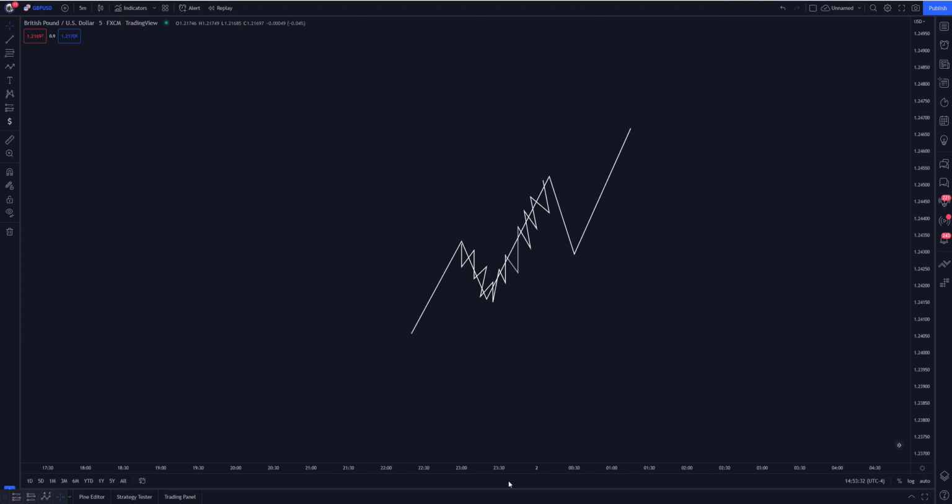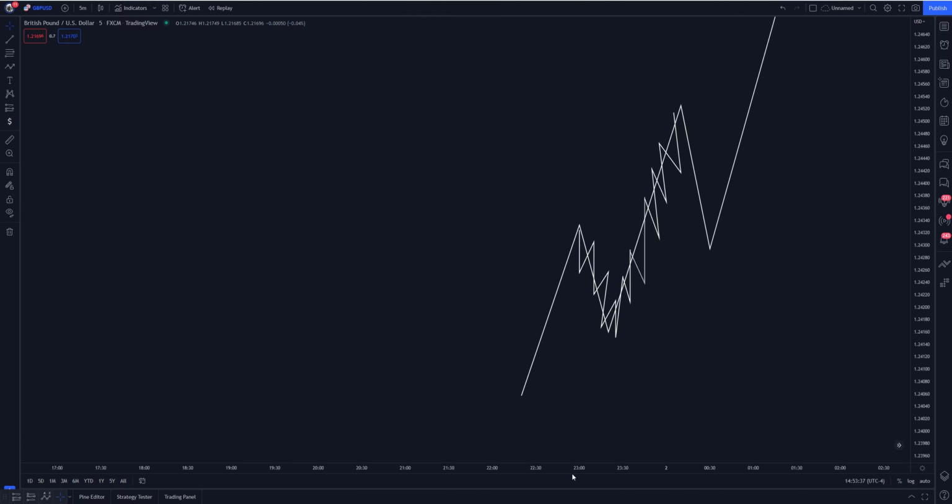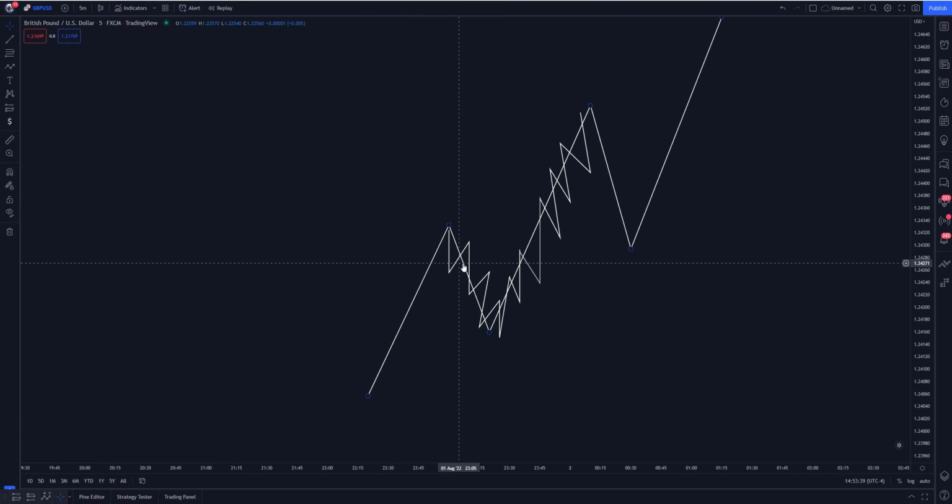Okay, so when you drop down to a 1-minute time frame, you are going to see that in this 5-minute time frame leg to the downside, we have a downtrend, right? So you can see that the price is fractal. Let me just move this away.